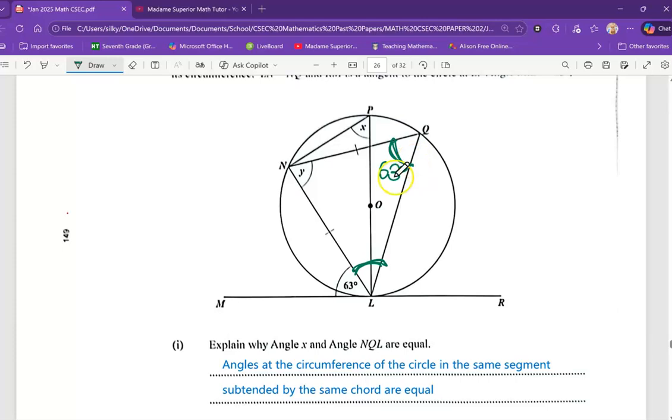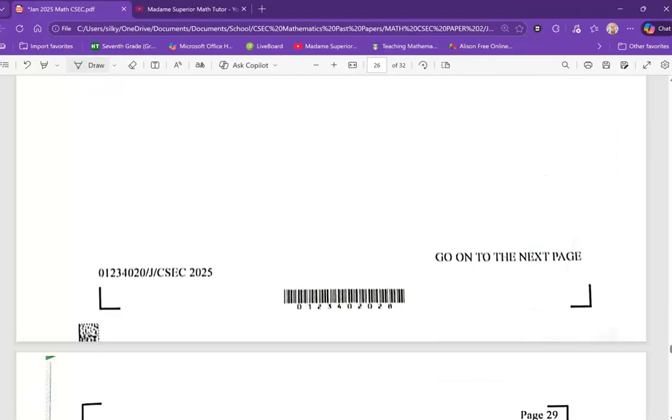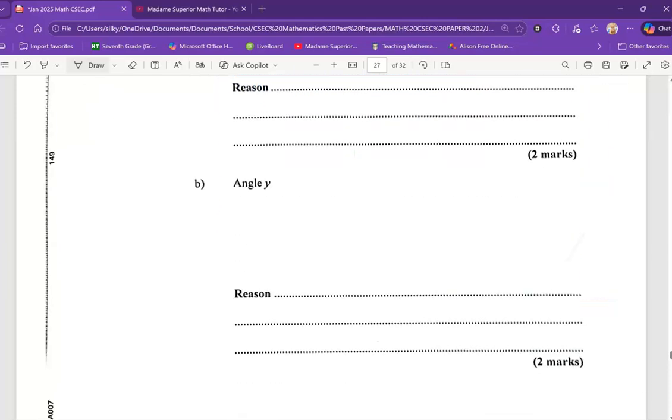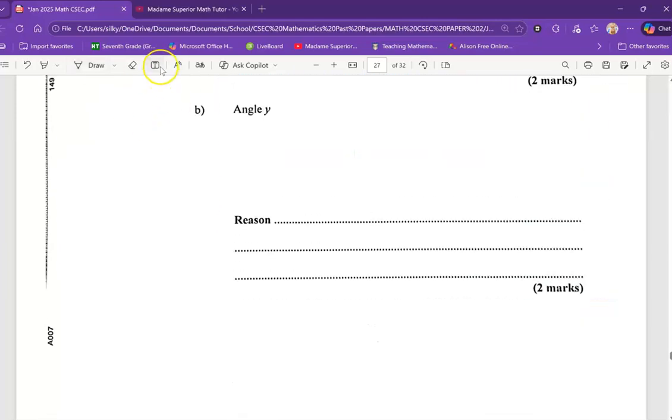So since the base angles in an isosceles triangle are 63 degrees, this angle here, angle NLQ, is also 63 degrees. So we could easily find angle Y, because all we have to do is multiply 63 degrees by 2 and then subtract from 180 to find angle Y. So let's go back down and type up an answer for angle Y.